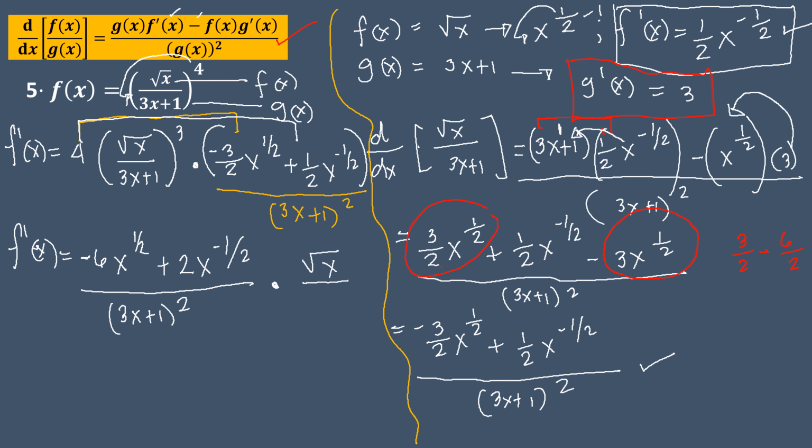And remember that the quantity square root of x over 3x plus 1 quantity to the power of 3 can be written in this way, to the power of 3. But this time, since the square root of x can be written as x to the power of 1 half, we can apply the power rule later. So x to the power of 1 half to the power of 3 is just the same thing as this.